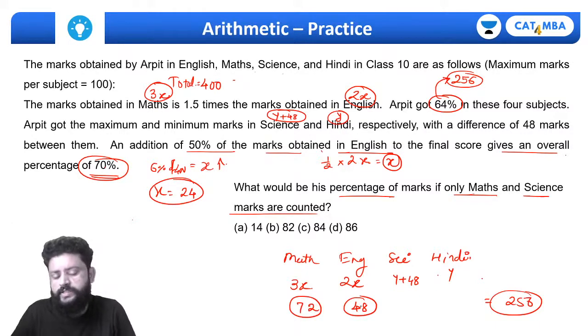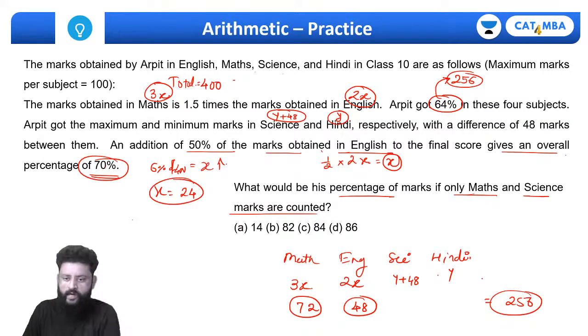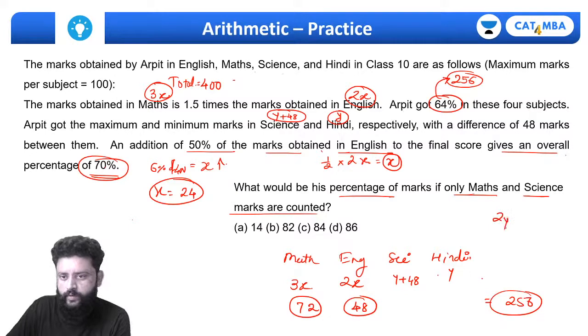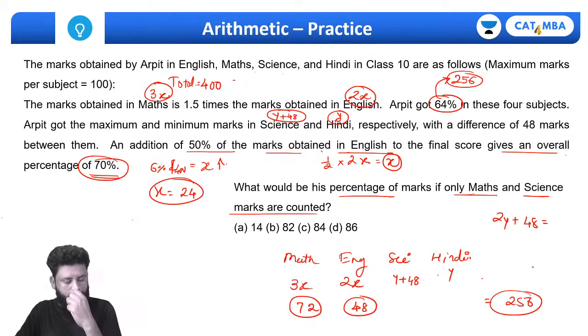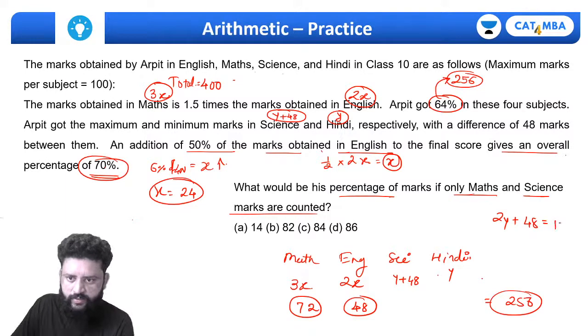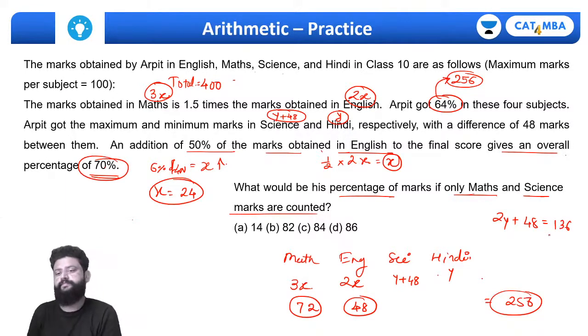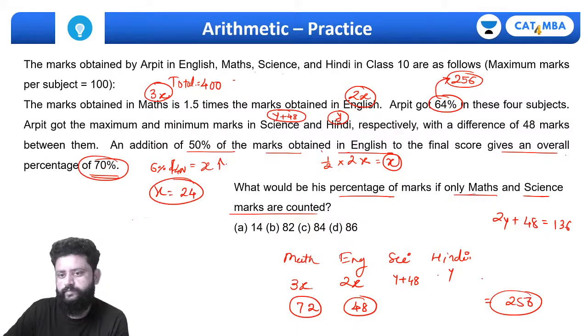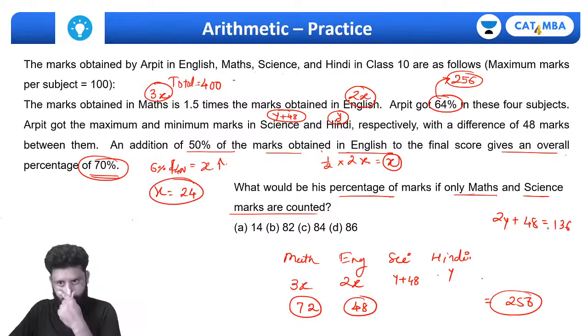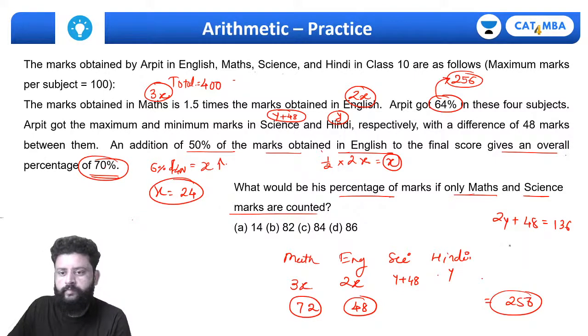So 72 plus 48 is 120. 2y plus 48 will be equal to 120 इसमें से माइनस हो जाएगा, that is 136. Two y is 88, y is 44.